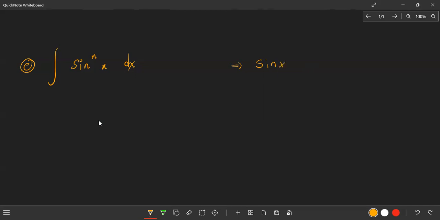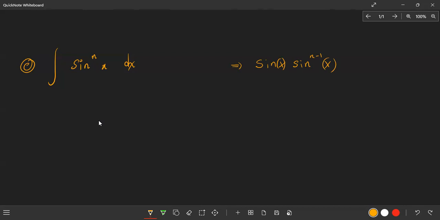So I'm going to have sine x and sine^(n-1) x as a substitution for this.